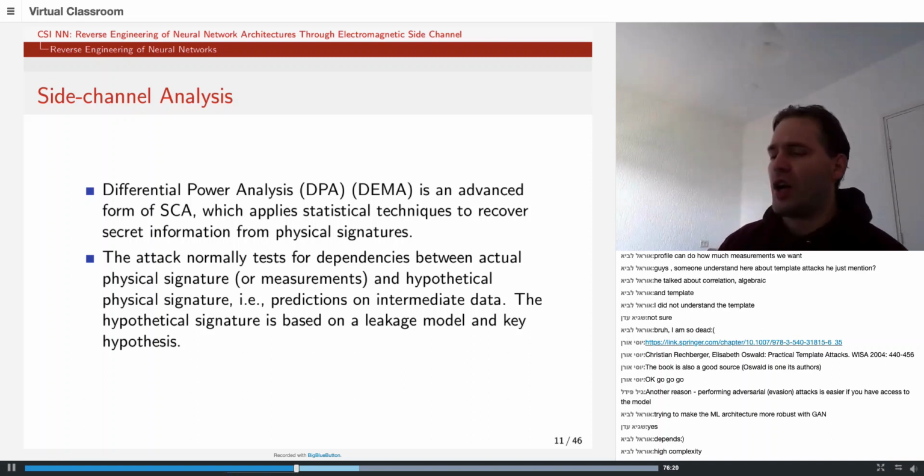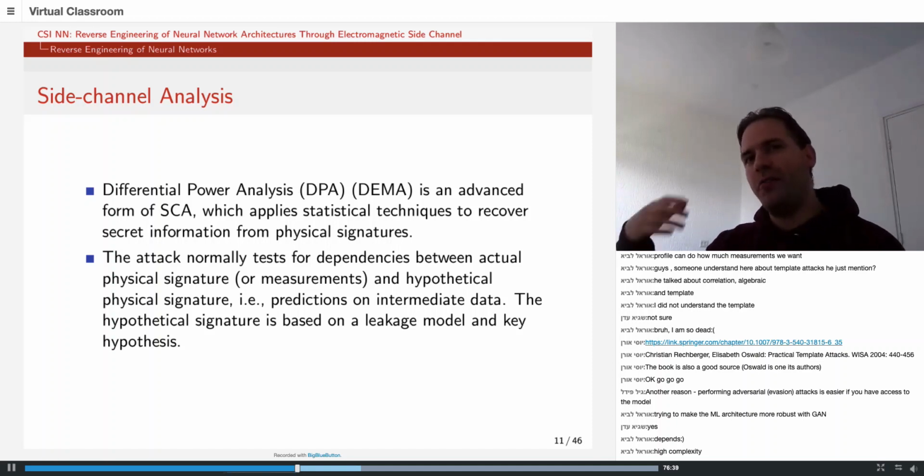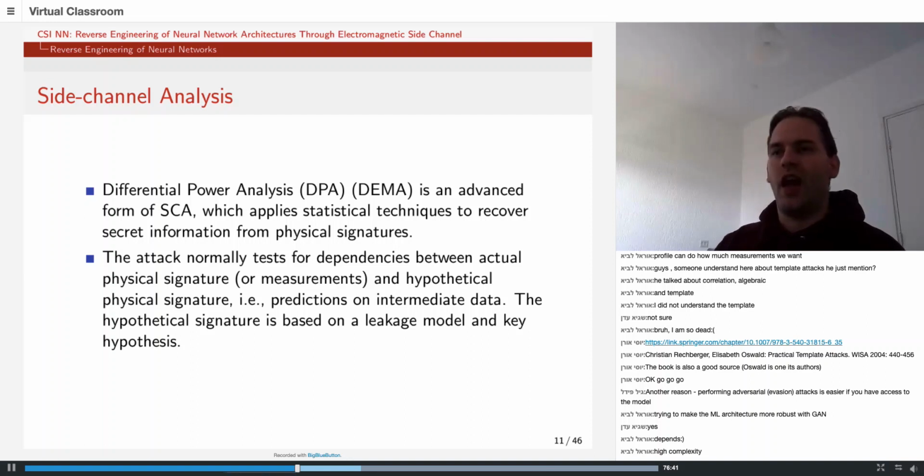So how does it work? Well, you will cover the details next week during your lectures, but you will check for dependencies between actual measurements, so what's actually happening, and your hypothetical measurements. So you will assume some kind of model, and then you will say, well, if this model is correct, I will check all possible keys.